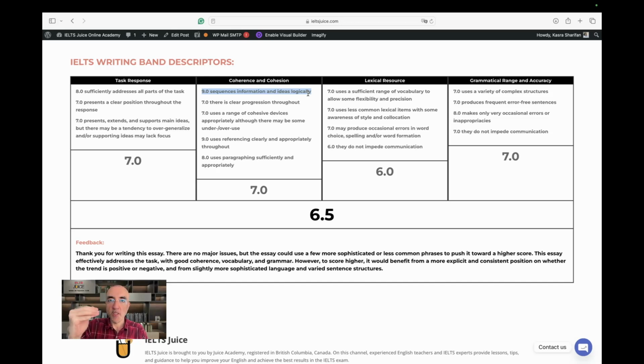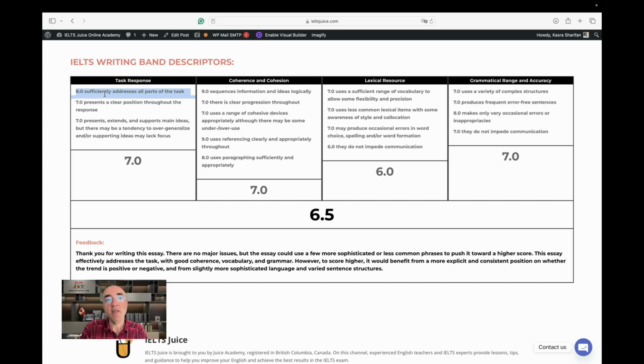So the organization of information was sequential, and the logic was there because we first addressed the first question and second we addressed the second question. I am also very happy with task response because we gave two reasons, and we also talked about the negative effects. That has to be all the elements that IELTS wants.